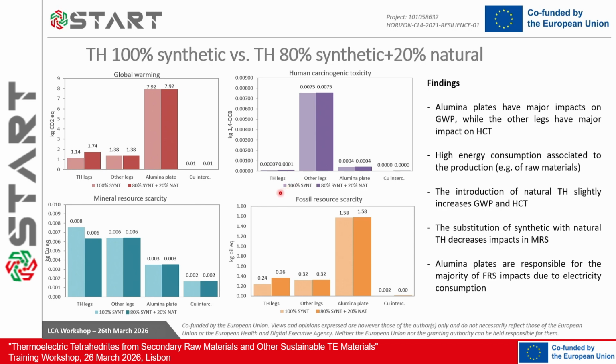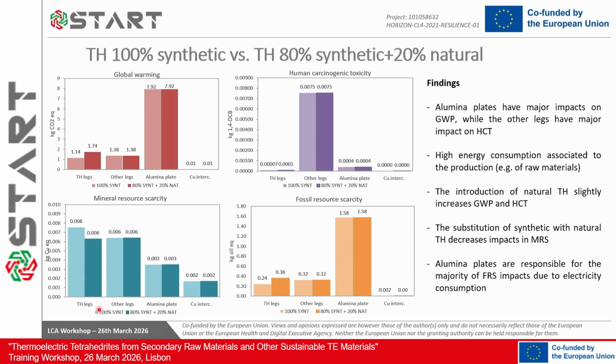the TH legs perform very well here. And so the main negative impact will be coming from the use of other minerals than TH. And for mineral resource scarcity, it's also the legs, so the use of the minerals that is having an impact on this category.